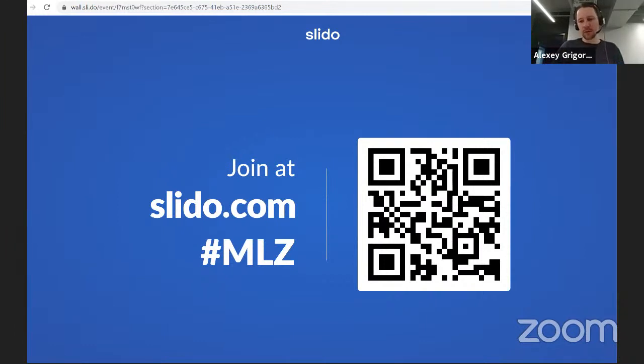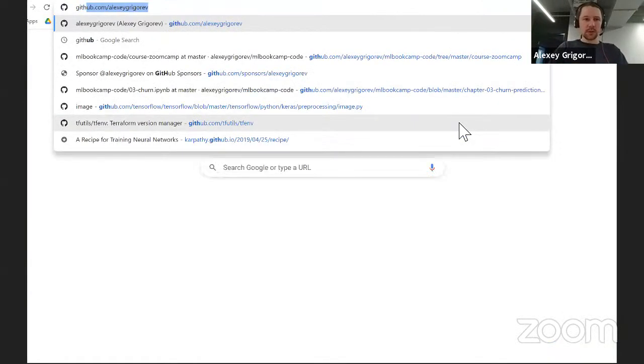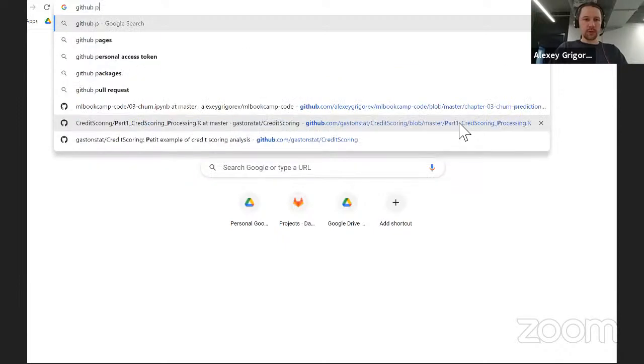GitHub is fine. If you want, you can actually turn any GitHub repo into a website. It's called GitHub Pages.